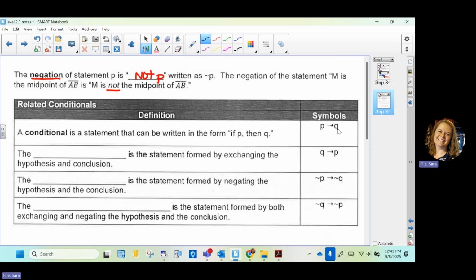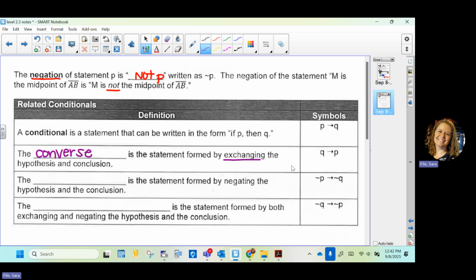One of the things that you're going to need to be able to write or identify is called the converse. The converse of a conditional statement is exchanging the hypothesis and conclusion.